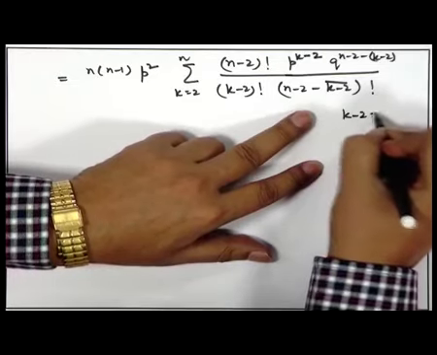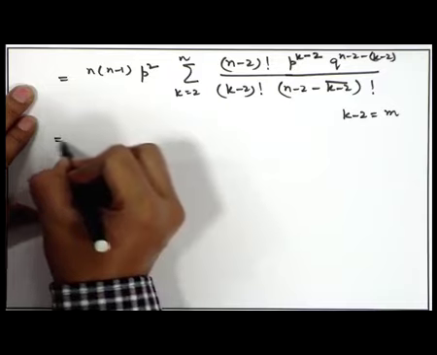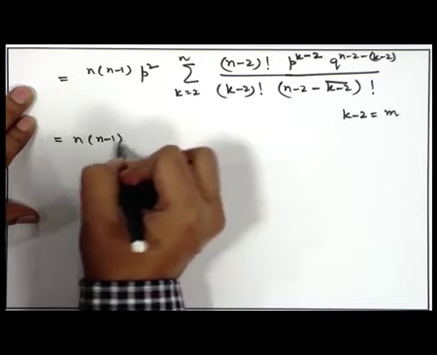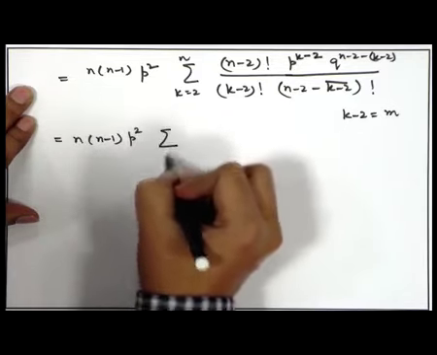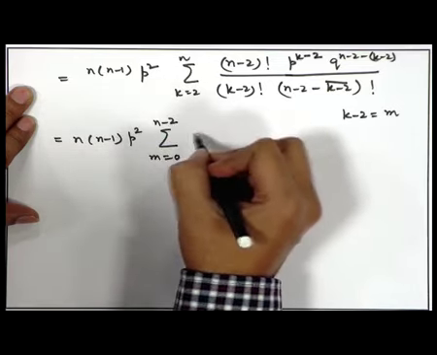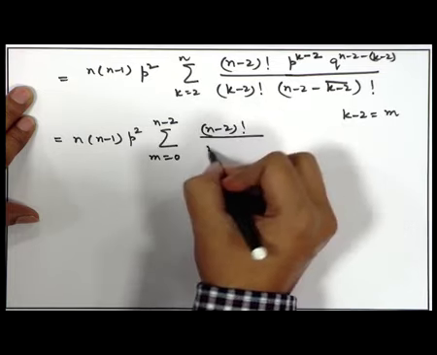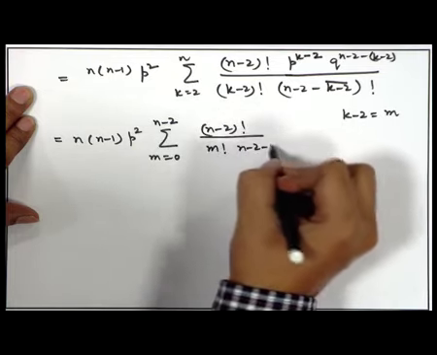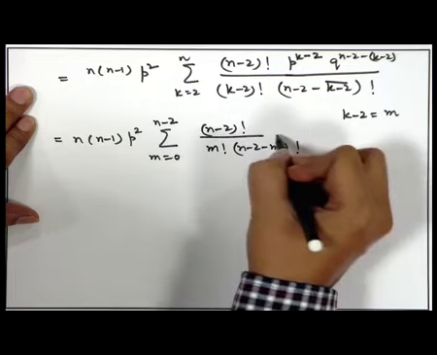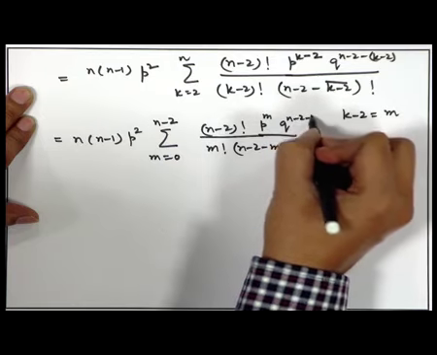Once again I define k minus 2 is equal to say m. Then this becomes n into n minus 1 p square, sigma m is equal to 0 to n minus 2, n minus 2 factorial divided by m factorial n minus 2 minus m factorial, p to the power m, q to the power n minus 2 minus m.